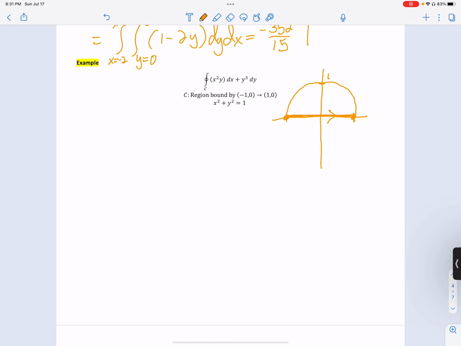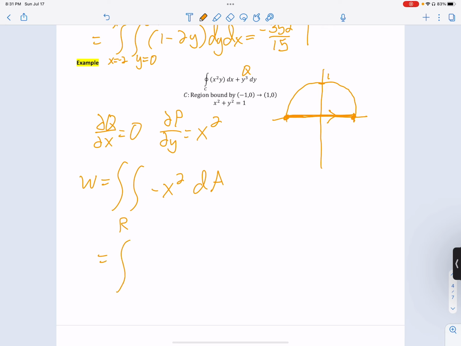This is at 1. All right, so the partial of Q with respect to x, this is Q, we get 0. Partial of P with respect to y, we get x squared. So the work done will be over the region R of 0 minus x squared, dA. And then we write this out.